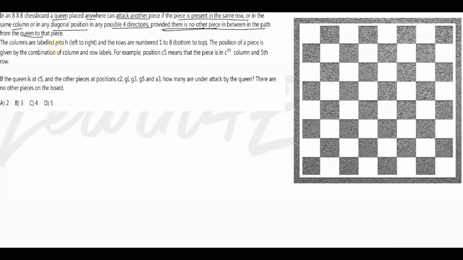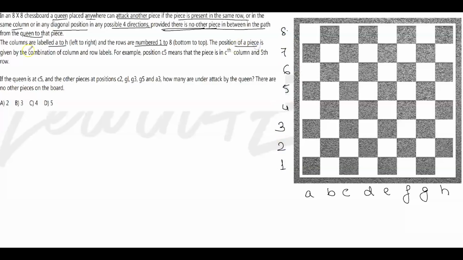The columns are labeled A to H, left to right. So I'll just write them out. So this is A, B, C, D, E, F, G, and H. And the rows are numbered 1 to 8, bottom to top. So this is 1, this is 2, 3, 4, 5, 6, 7, 8.